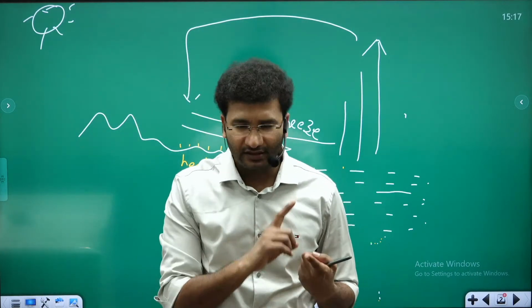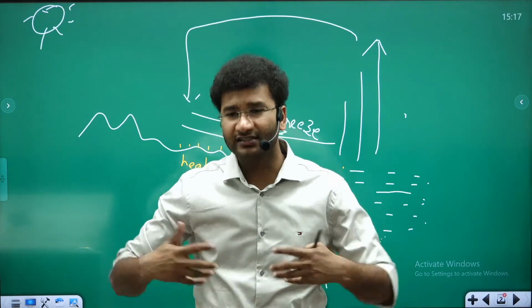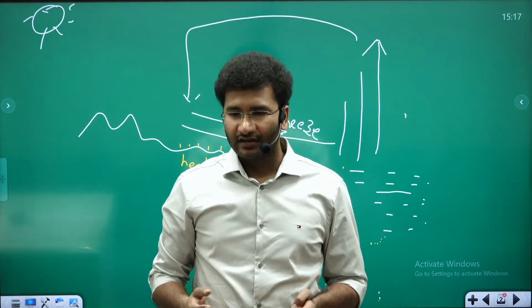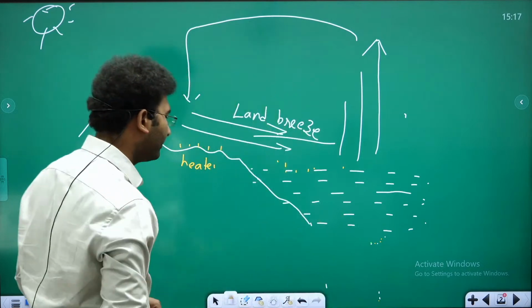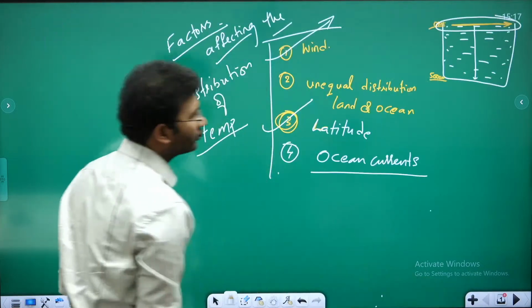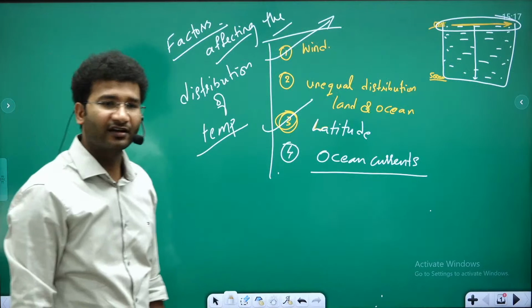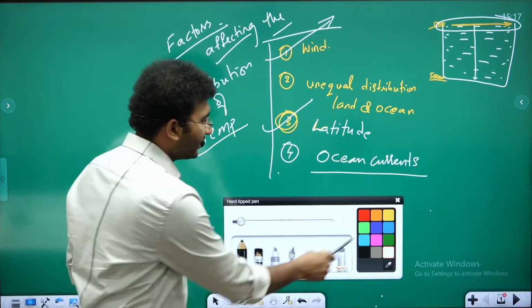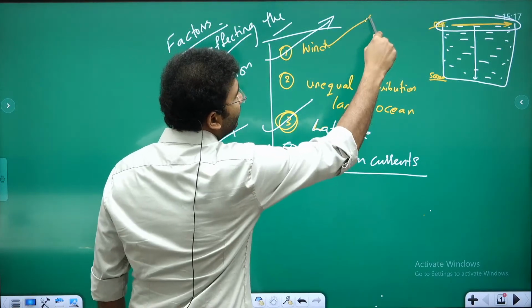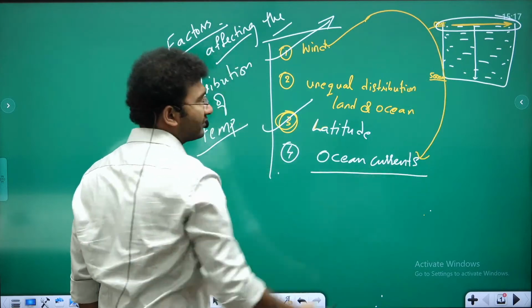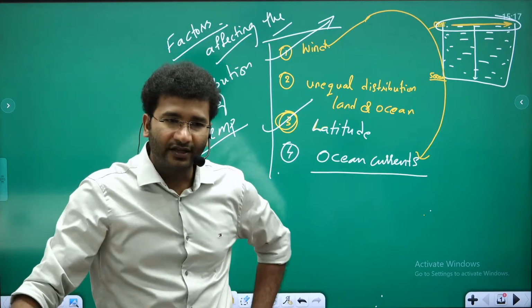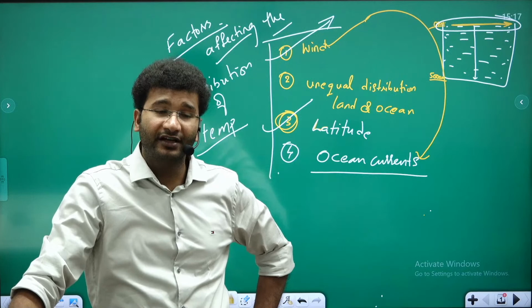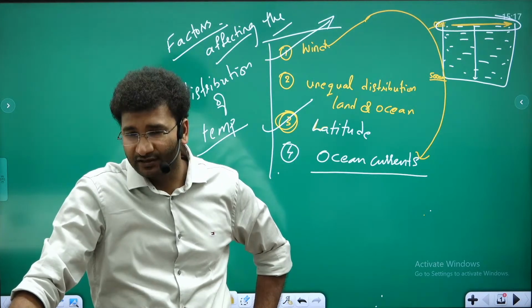Right? Wind is playing this role. Now what else does the wind play? See, the primary factors which influence the ocean water temperature are interlinked. It is wind which helps in creating ocean currents. Now what are ocean currents?